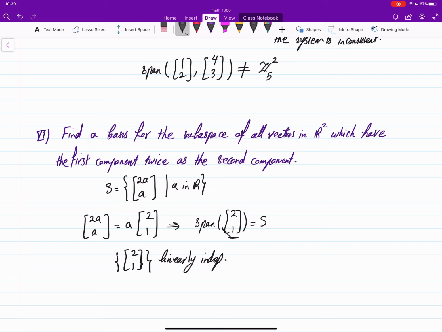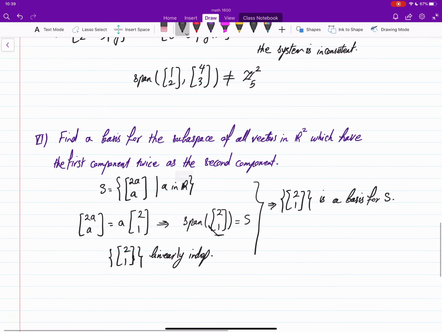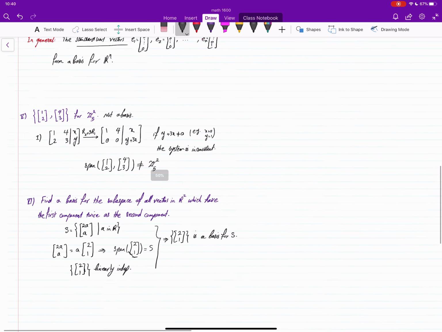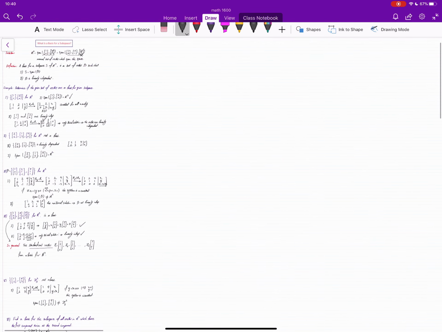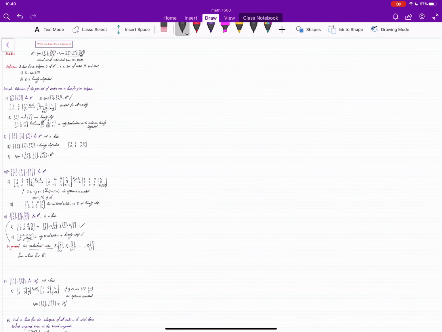So that means that, yes, we found something. 2, 1 is a basis for S. We will study these in more detail, and we will find more ways to find bases for different subspaces.